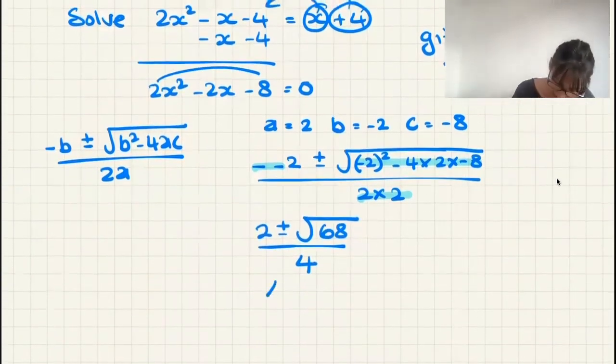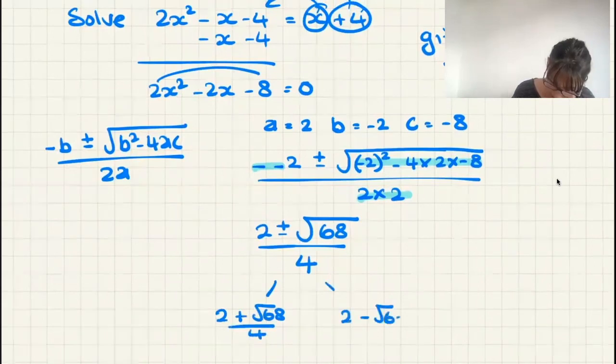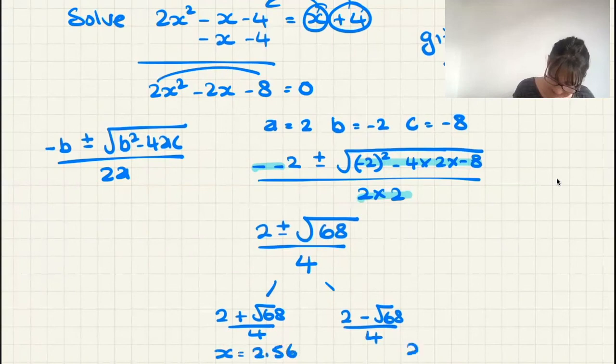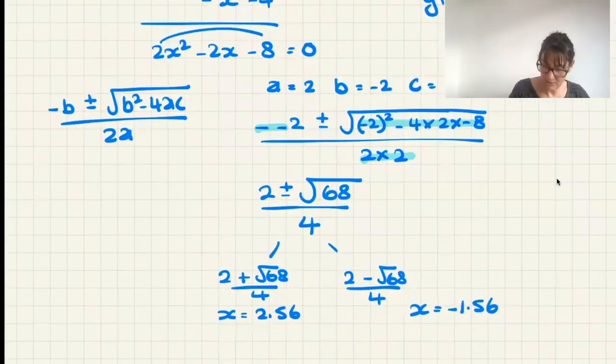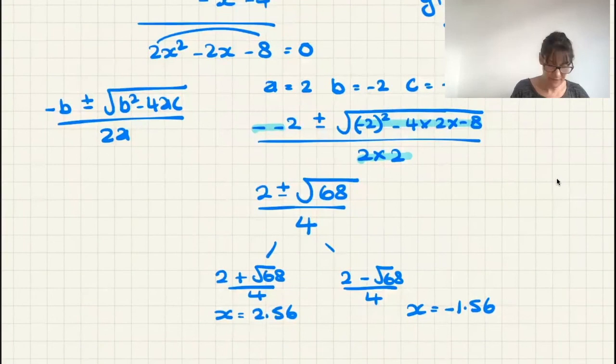This is going to split into 2 plus root 68 over 4 and 2 minus root 68 over 4. So x is going to equal 2.56 to 2 decimal places, and x is going to equal minus 1.56 to 2 decimal places. So we've done quite a lot of work to get to that final answer.